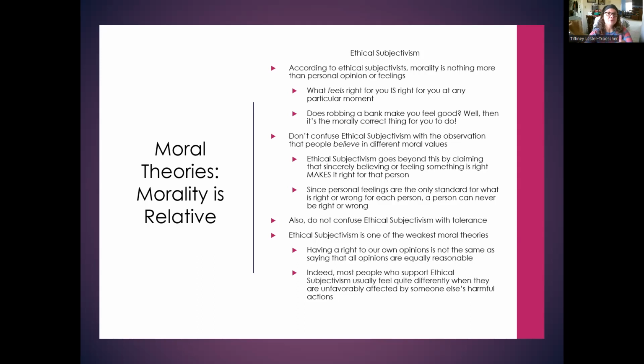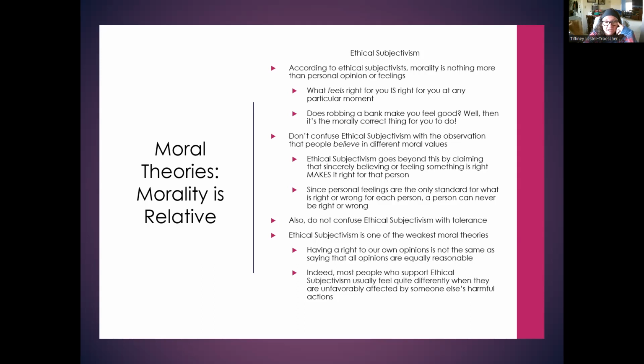And people who claim to be ethical subjectivists, where, hey, if it feels right to you, then it is morally right, they tend to sing a different tune when they themselves are unfavorably affected by someone else's harmful actions, right?